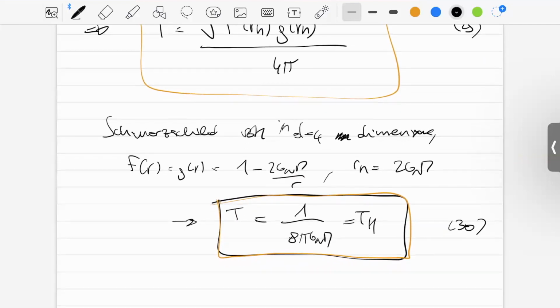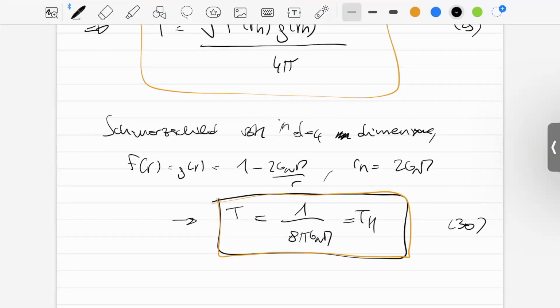So you see that here, as soon as quantum mechanics pops up into the game, as soon as we take quantum mechanics into account, then inevitably we are faced with thermodynamics, with temperature in this case. So let's summarize what we have done.